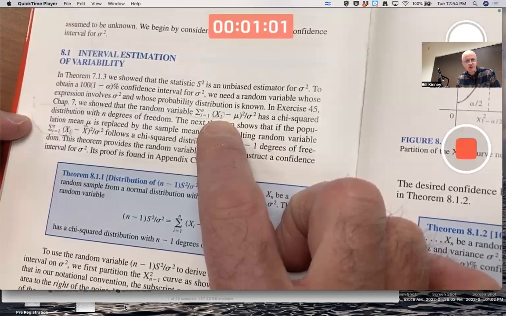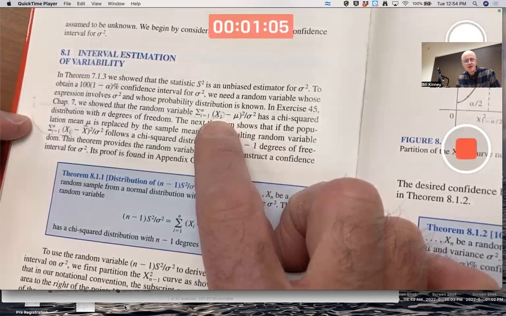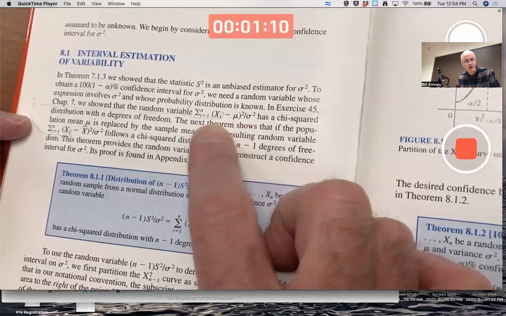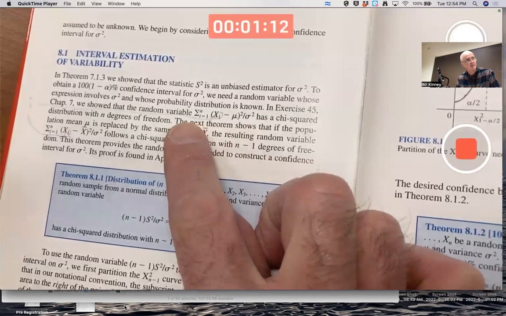Beginning of chapter 8, page 260. Chapter 7, number 45, that's the problem we just looked at. This summation is a chi-squared random variable with n degrees of freedom.